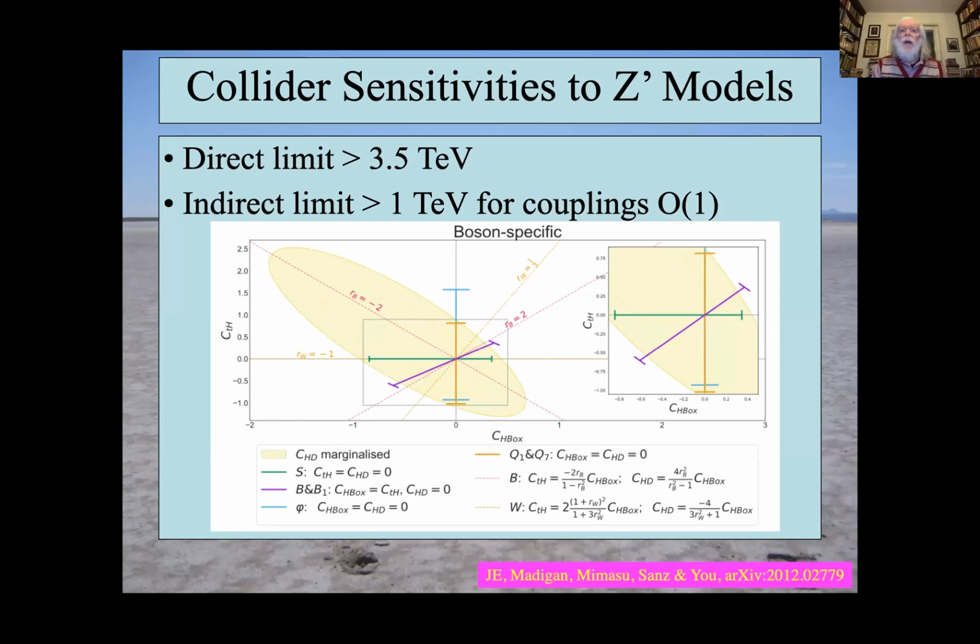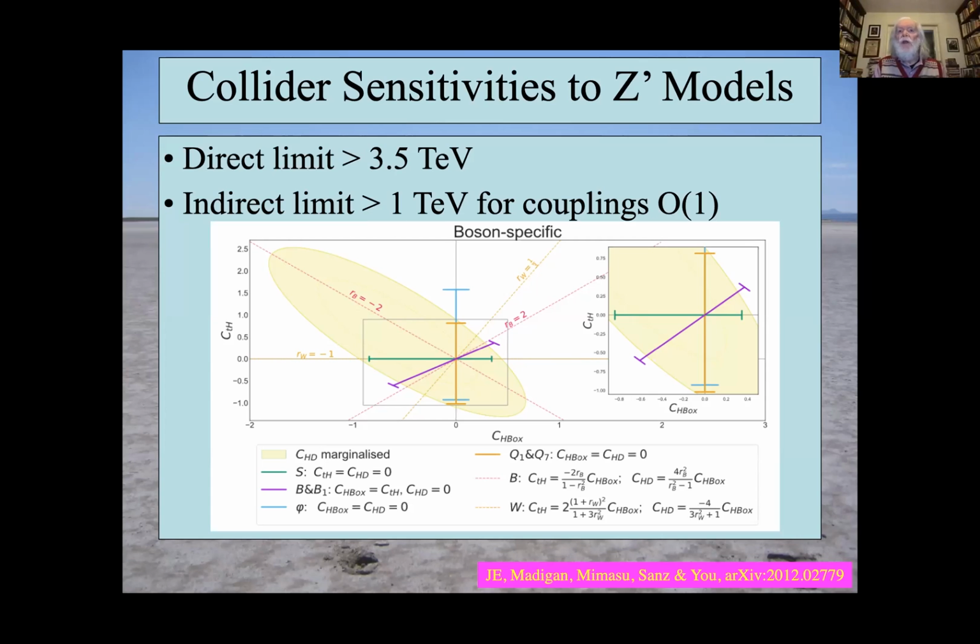So now I want to go back and contrast this with the sensitivity to these Z prime models that we have from the LHC now. There's a direct limit of about 3.5 TeV. So that's obviously much less than the prospective sensitivities of collider experiments. Then there is the indirect limit coming from the SMEFT analysis that I discussed earlier on.